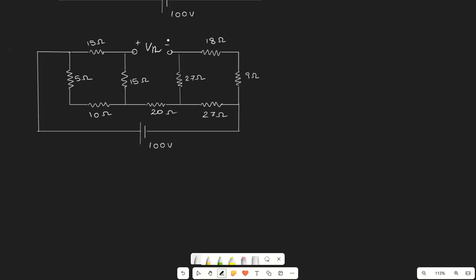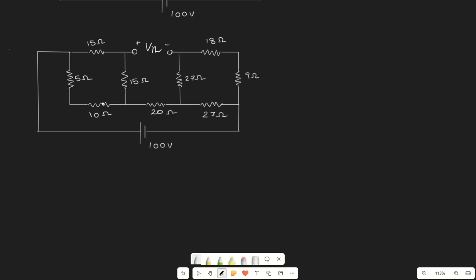Of those 4, the loop containing VTH is open circuit, so there will be no current flowing in this loop. That means we have 3 loops, so there will be 3 equations. Along with that, when determining RTH, as you can see, in this circuit we do not have any series or parallel connection. That means all the connections are mixed up, and it is slightly difficult to determine the equivalent resistance.